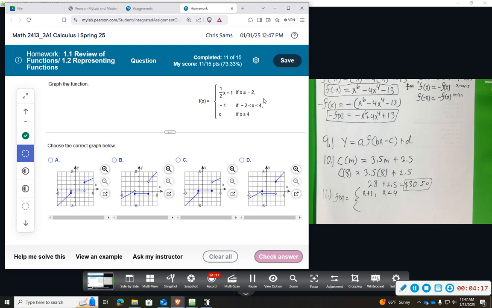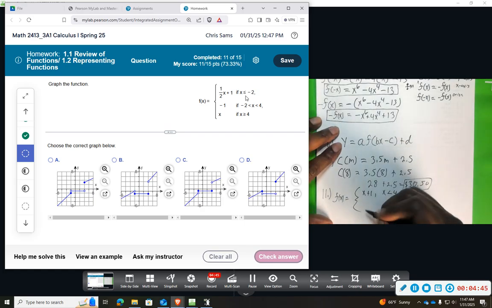If you didn't want to do that, one of the other things you could do is just take a value and plug it in. If you plug in a number and it matches or it doesn't, we know exactly which one. So when we say less than or equal to -2, I will pick a number that is smaller than -2. We could even use -2 because it's less than or equal to. So let's say we want to use -4.